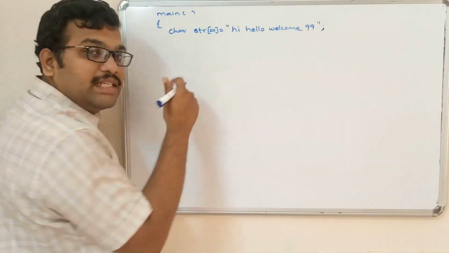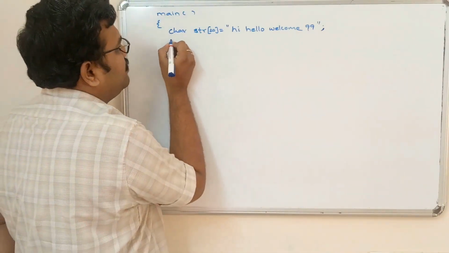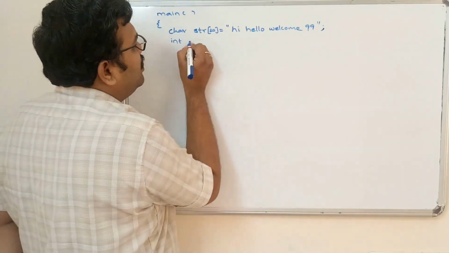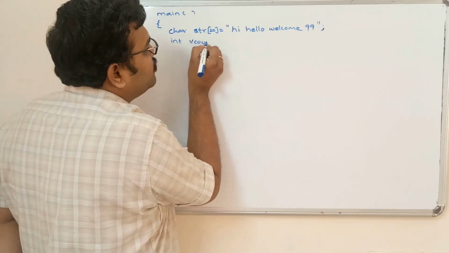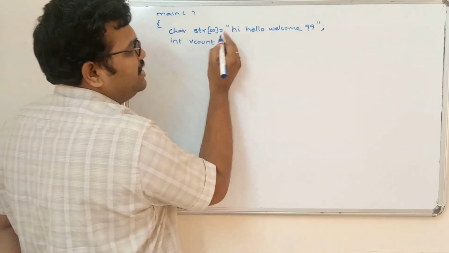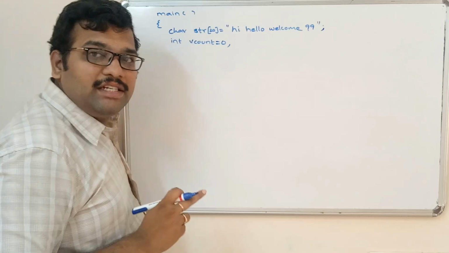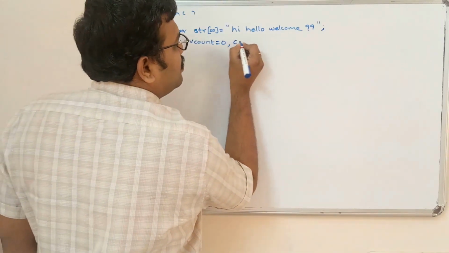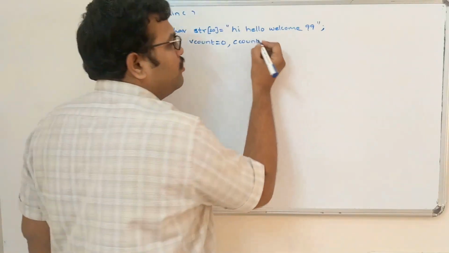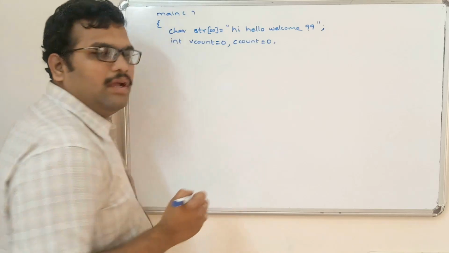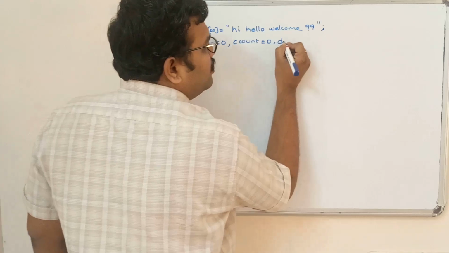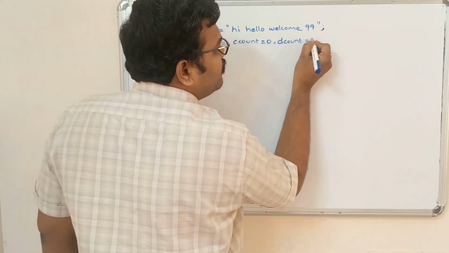For that, let us declare some variables. Int, first we want the vowels, so let us write v count, which is the vowels count, initialized to 0, comma, next consonants count, c count, is equal to 0, and then digits, d count, is equal to 0.